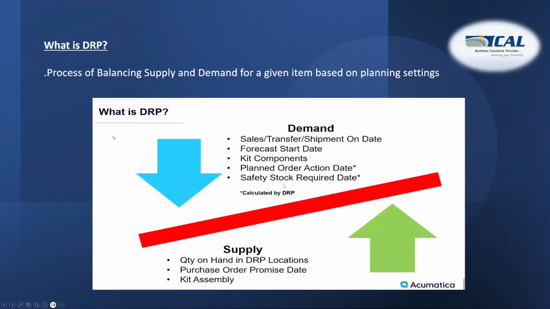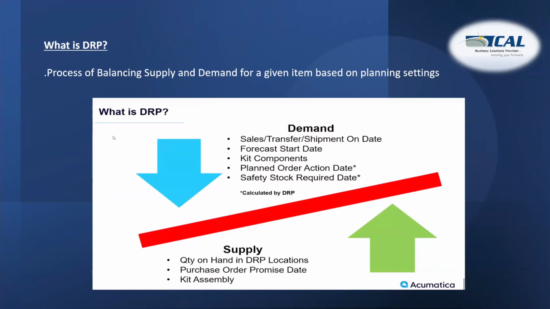What are your demands? Demands are your different types of transactions in the system, sales orders and transfers, and those all have specific shipment dates associated with them. There are forecasts that you can put into the system, which we'll look at, that can create a demand. Kit components, right? If you are selling non-stock kits or stock kits today with Acumatica's current replenishment module, it doesn't look at whether we need to buy components for these kits that we have to make.